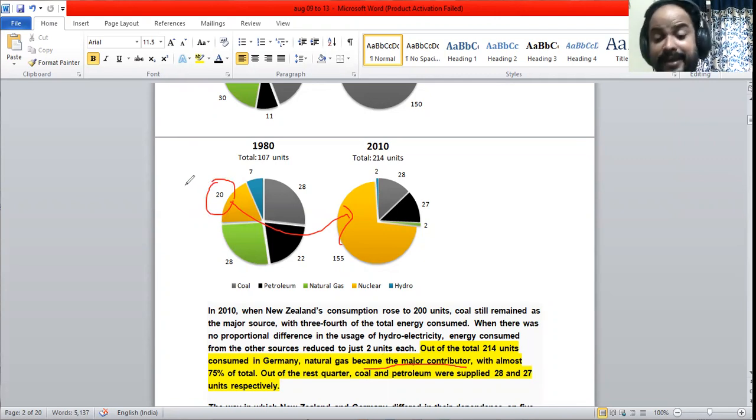It became a major contributor with almost 75% of total, supplied by natural gas, I think it is nuclear, right? So wait a minute.